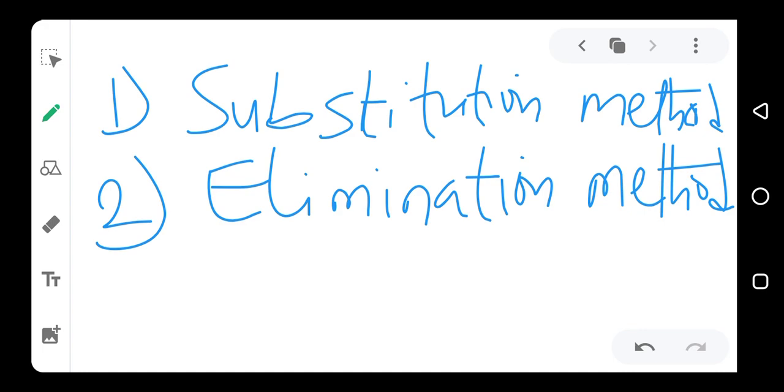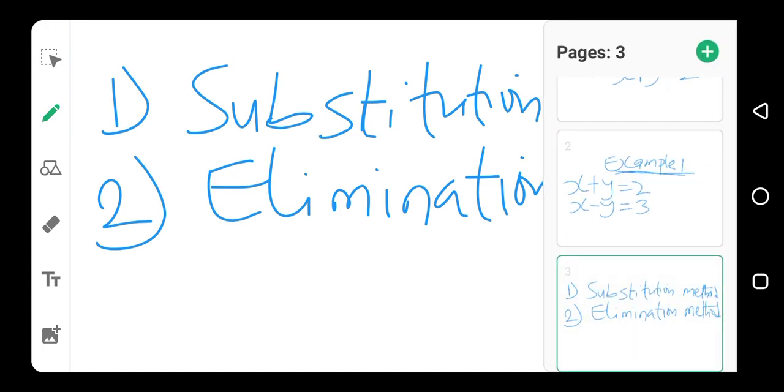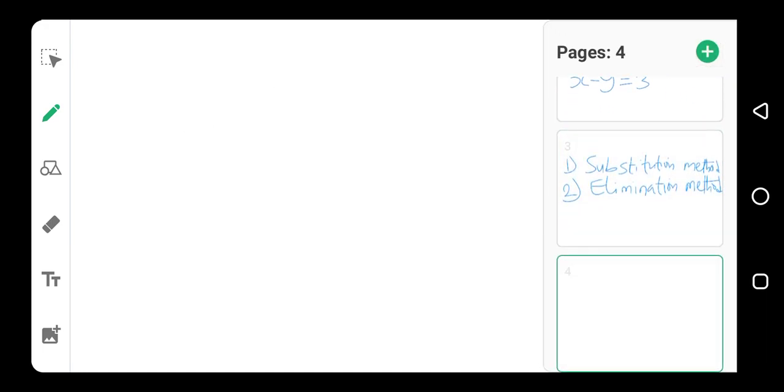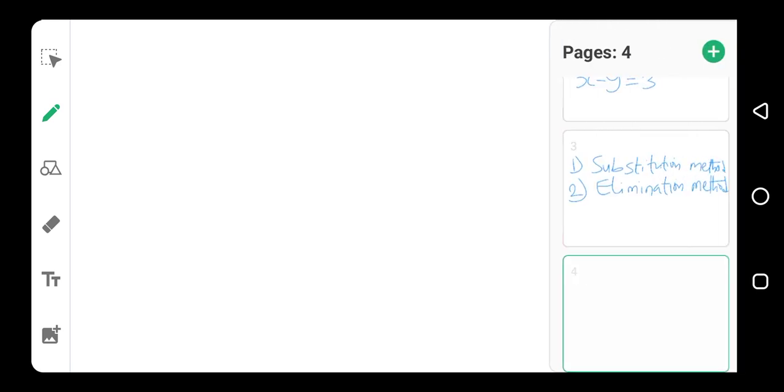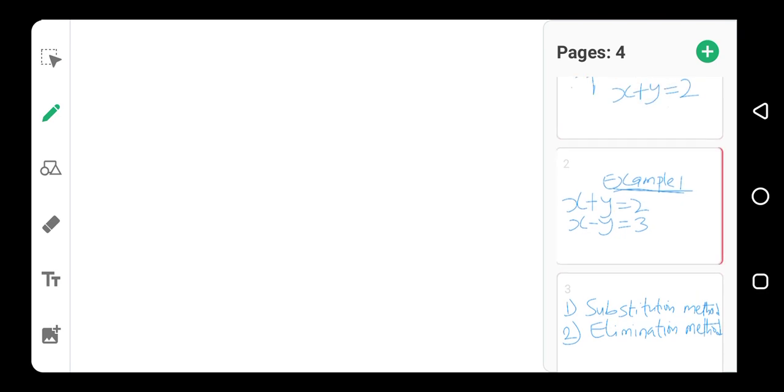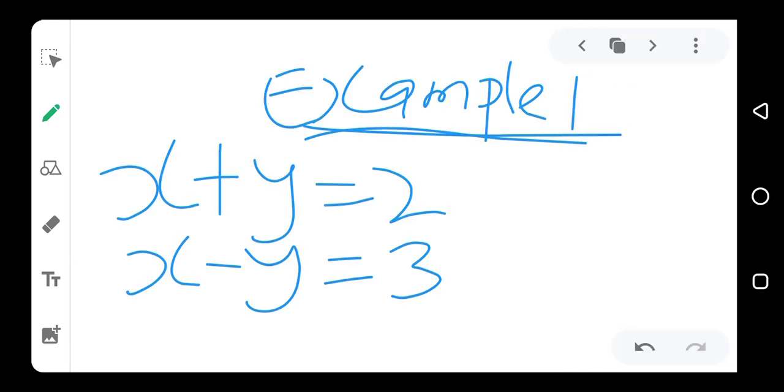In substitution method, what do we do? What we do in substitution method is to pick one of the equations and make one of the unknowns in it the subject of the formula. For instance, here we have two equations. Equation 1, x plus y is equal to 2, and equation 2 is x minus y is equal to 3.